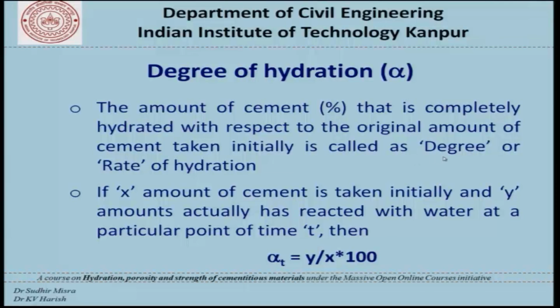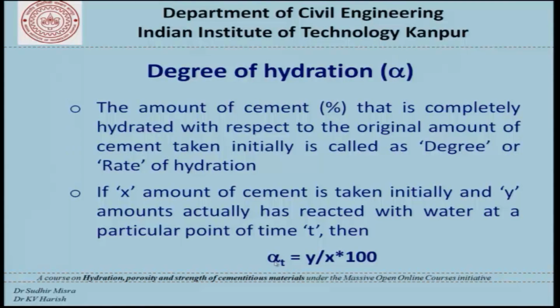How much quantity has reacted is called the degree of hydration. So, if X amount of cement is taken initially and Y amount reacts with water at a particular point of time t, then alpha(t) at that point of time is equal to Y divided by X into 100.